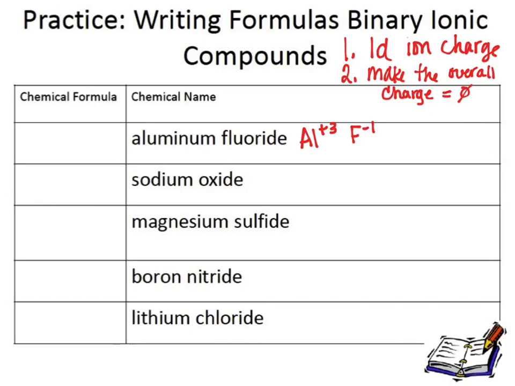So if I'm looking at it right now, I have a +3, and I'm adding a -1. Does it overall equal 0? No. When I add those together, it equals +2. I need them to equal 0. So how can I make this equal 0? I cannot half anything.